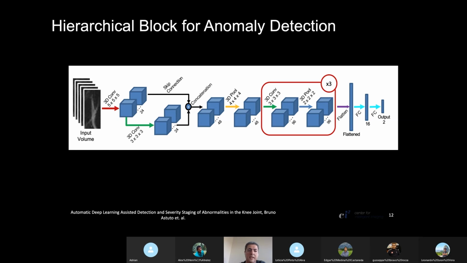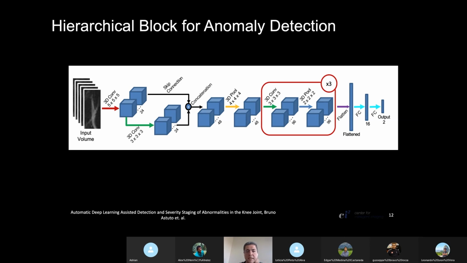The concatenation actually helps, and I think it is because the posterior convolutional layers have different scales of the features, and I think that helps the training.